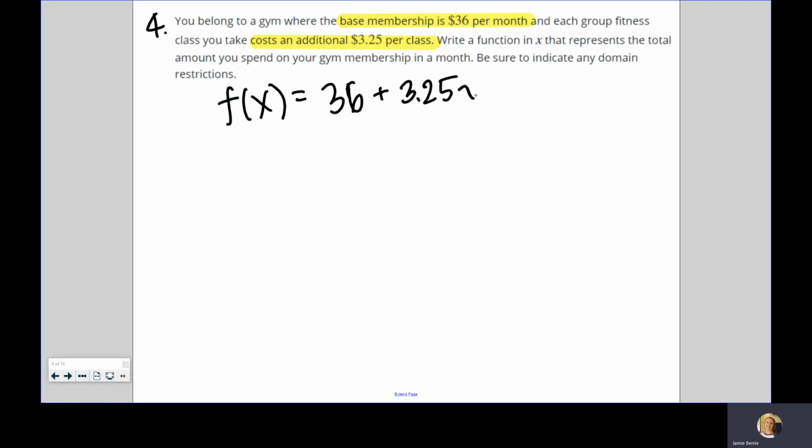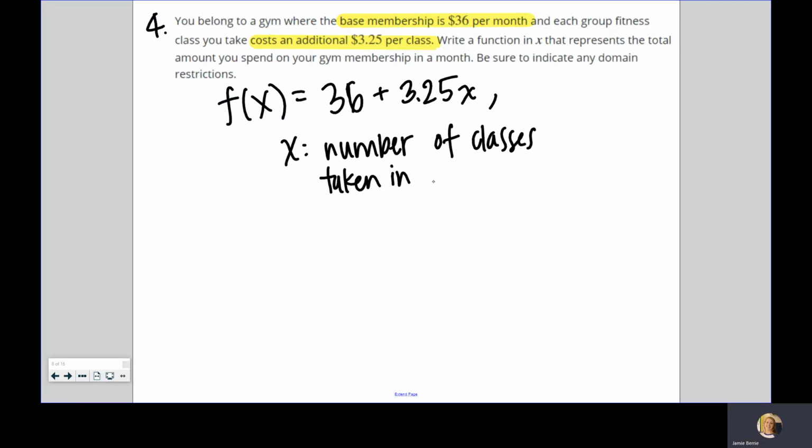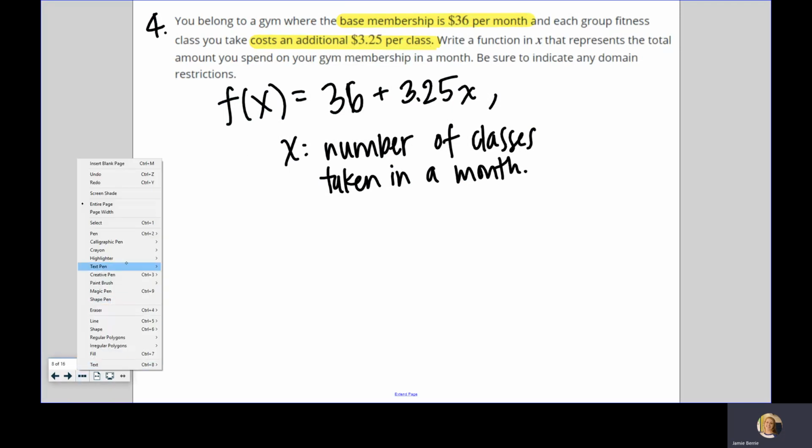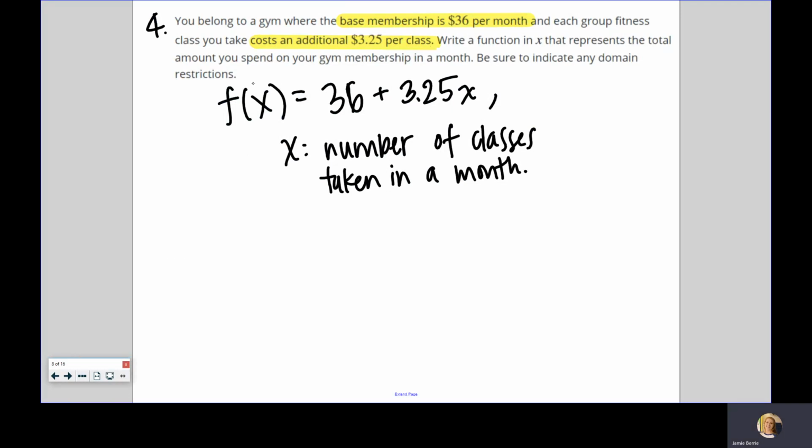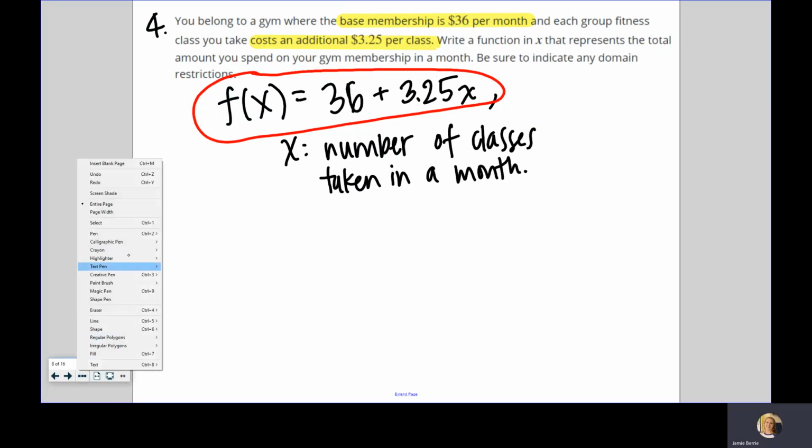So we'll do $3.25 times x, where x is the number of classes taken in a month. Okay, so this is our first part of our answer up here. So 36 plus 3.25x, that's our function.